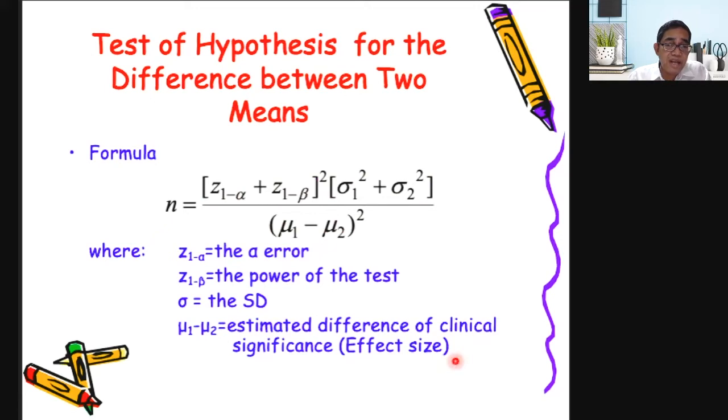The difference between the two means should have clinical significance. So we need to have a difference that has clinical significance, because if the difference is just too small, the sample size will be very, very high. And if we are able to attain a calculated sample size that is very high, we might get a statistically significant difference, but the difference may not be clinically significant.